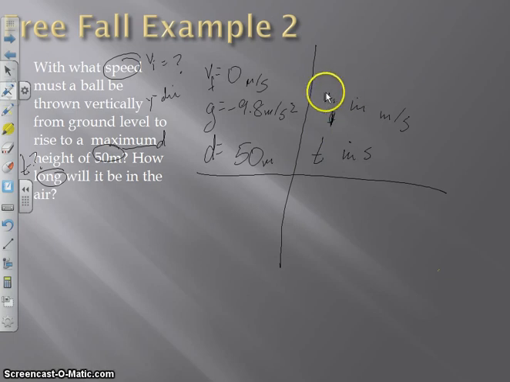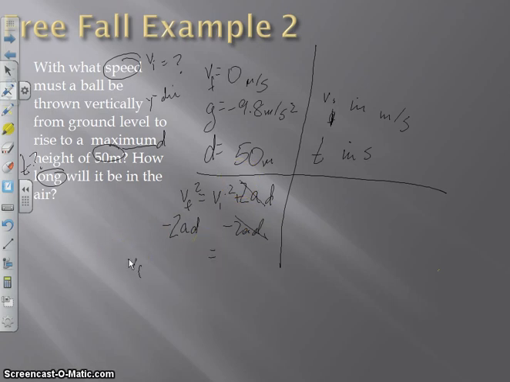So let's take a look at these first variables that I'm going to need to use. That tells me to pick the equation that has my v final. It also has my v initial and acceleration and time and distance. I've got to solve this for v initial, so this time I'm actually going to subtract 2ad from each side. So I can cancel out this term and leave my v initial squared by itself.